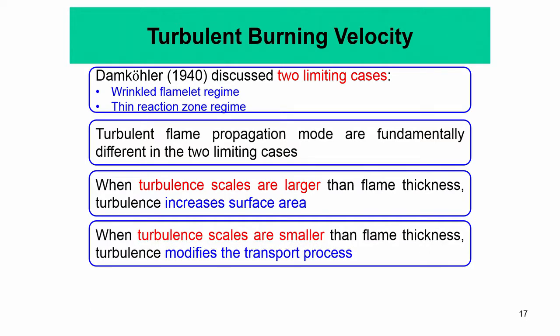But when turbulent scales are smaller than the flame thickness, then turbulence can modify the transport processes also, because you see, turbulence has a very strong diffusive character. Okay. That diffusion arises due to the convective terms and the Reynolds stress terms, which are very much responsible for the diffusive nature of turbulence. Okay, because of the turbulent fluctuations.